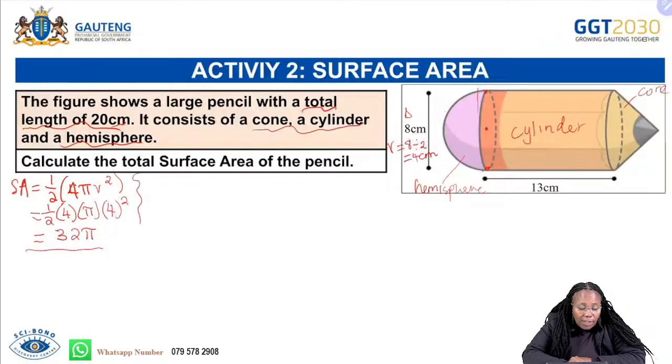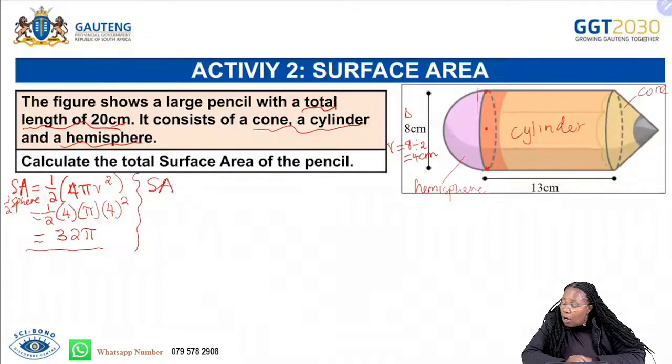You go for the second surface area now. Remember, this one was for the half sphere. And then now we are going to look at the surface area of a cylinder, the cylindrical part.